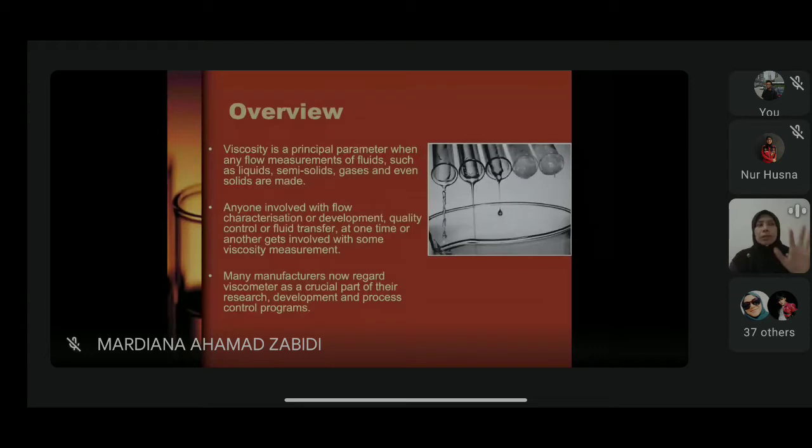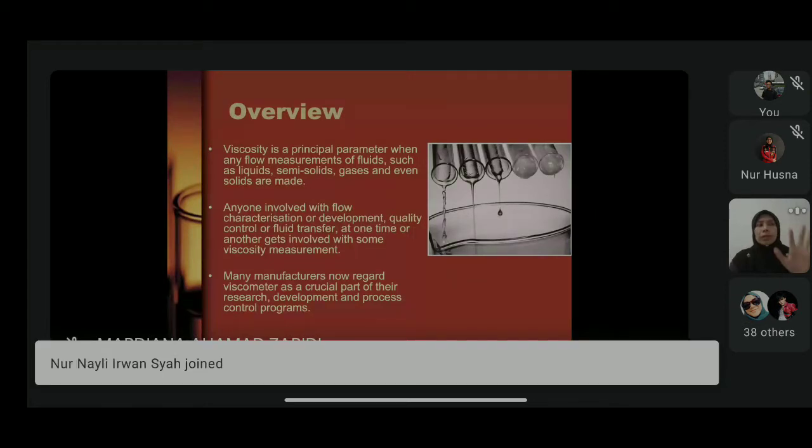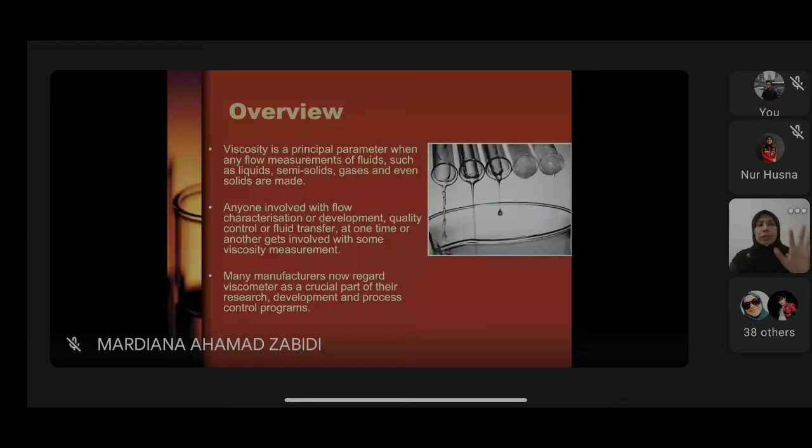But rheology is the study of fluid properties, involving the molecular size, the fluid flow, and the viscosity as well. But as I told you earlier, when we talk about viscosity, a viscometer is only measuring the viscosity of the product. Hope you're clear between viscosity and rheology.